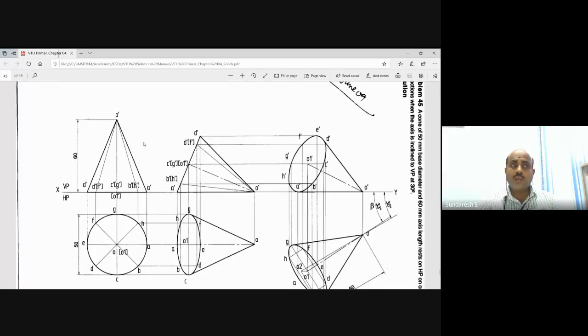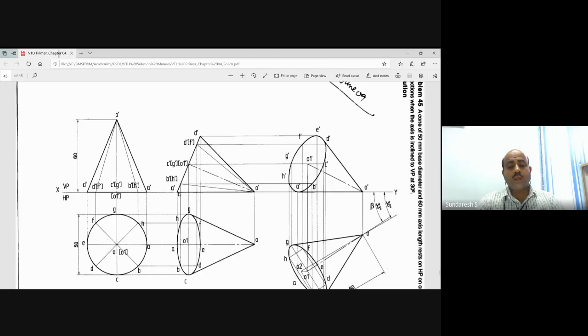Now we have to tilt the cone in such a way that one of its generators, that is O dash and A dash, should be lying on the HP or lying on the XY line. So what we do here is, you're going to tilt completely A dash and O dash.